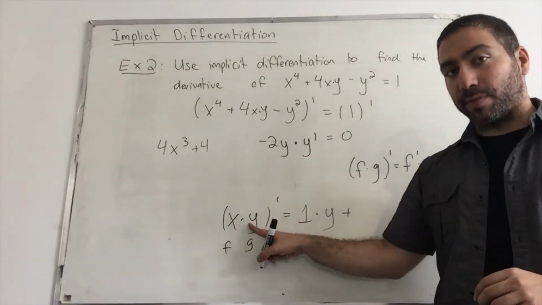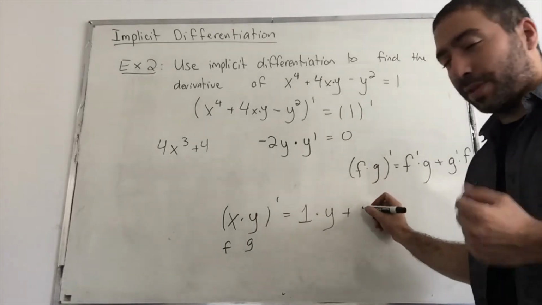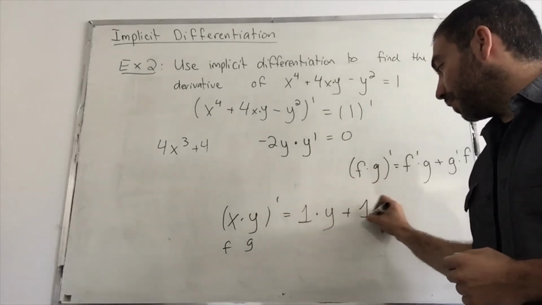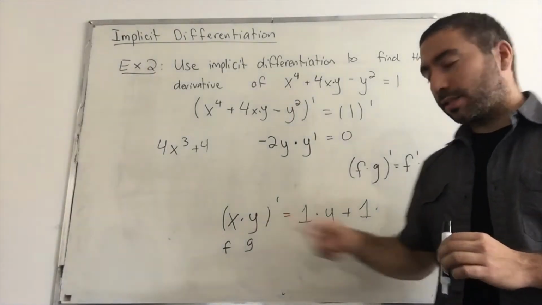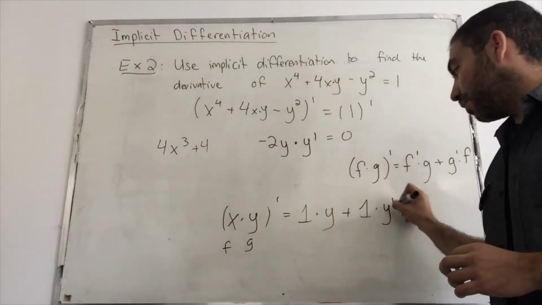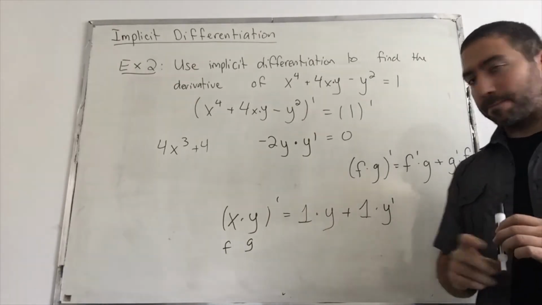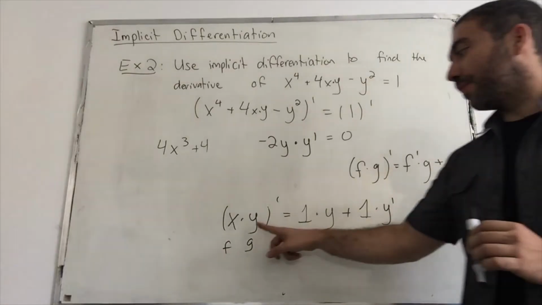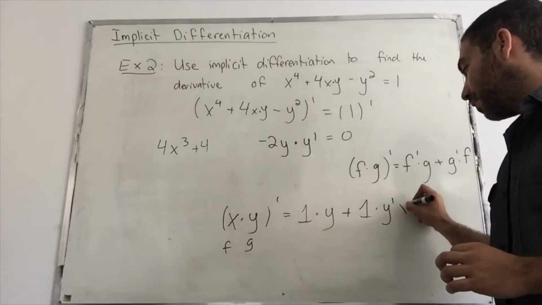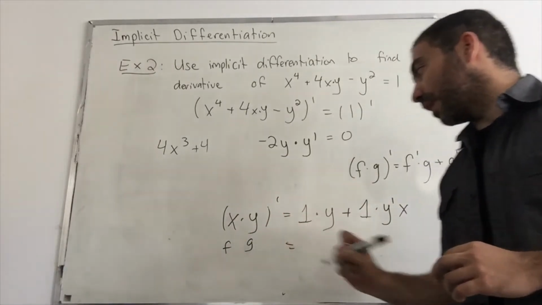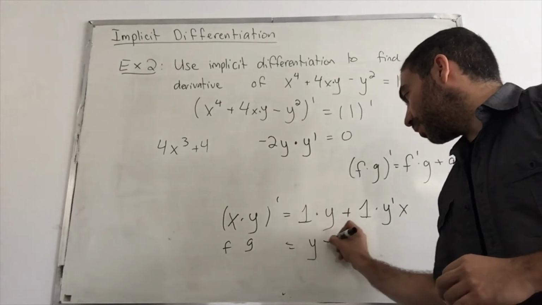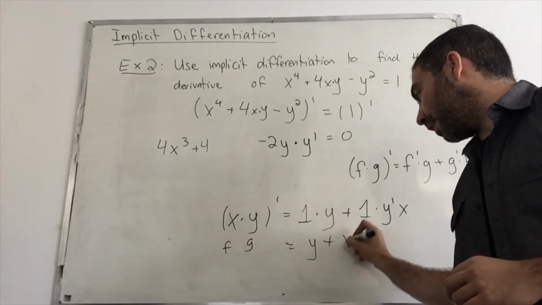Now we're taking the derivative of y. What's the derivative of y with respect to x? Well, the derivative of y is 1, but since we're deriving with respect to x, our y prime appears. Okay, and then times f, which we leave. So the derivative of x times y is y plus xy prime.